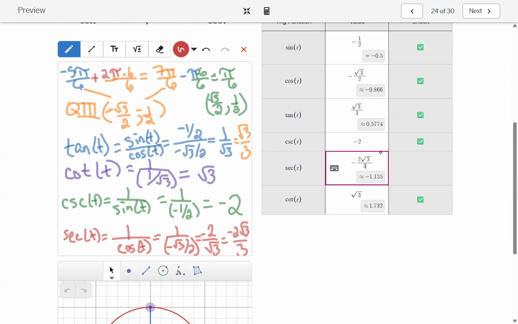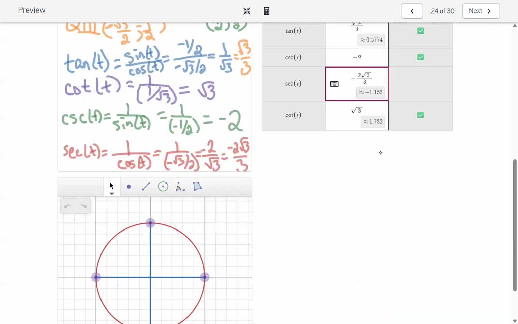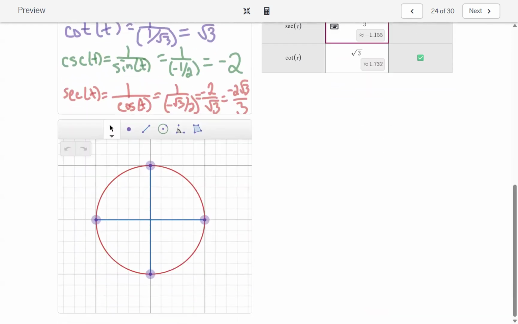So down here in quadrant 3, I can see that I've got my full arc for pi, and then there's a little bit more to get to a quadrant 3 angle.